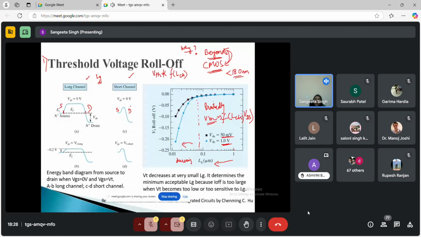Consider an analogy. Six people are standing in a queue, and the distance between them in the first case is 1 feet each. Now consider the second case: six people are standing in the queue, and the distance between two persons is 0.5 feet.